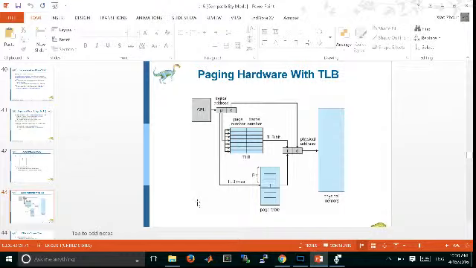But the point is that the TLB is an associative memory, right? So it's really like a whole bunch of registers. It's fast, operates during a single cycle.